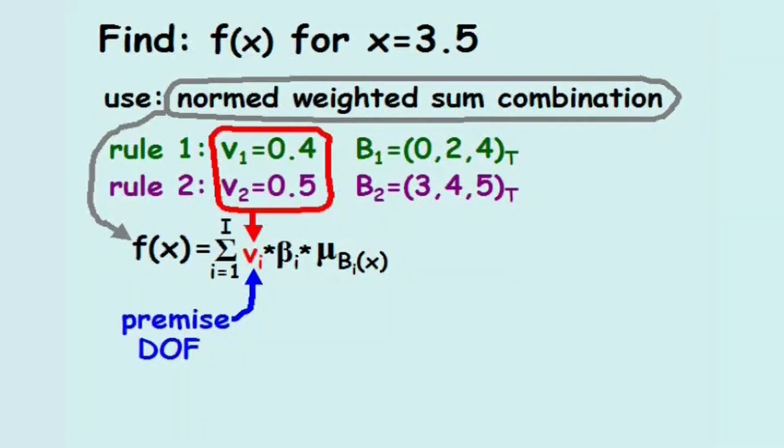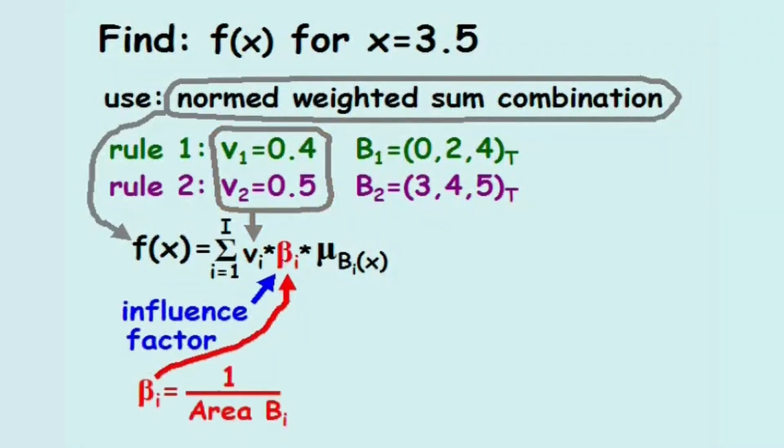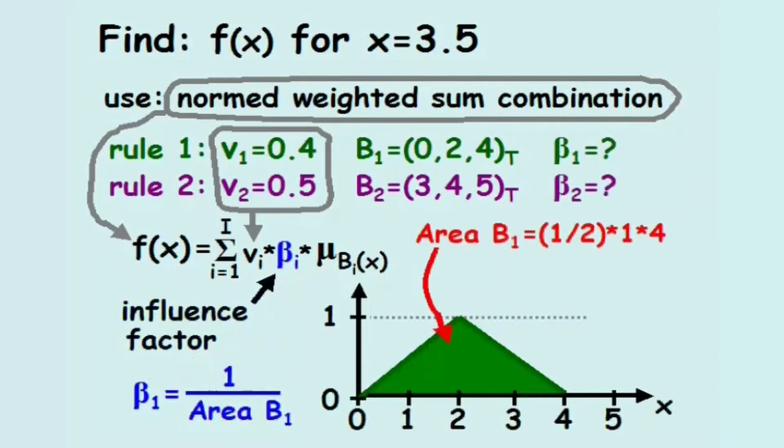The problem statement provides the premise degrees of fulfillment for both rules. For each rule i, the influence factor is inversely proportional to the area beneath the fuzzy consequence. For rule 1, area B1 equals 1/2 times 1 times 4, which equals 2.